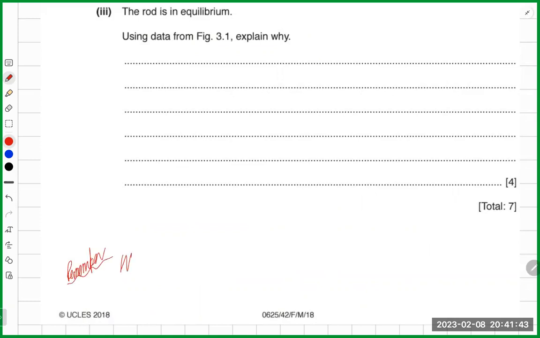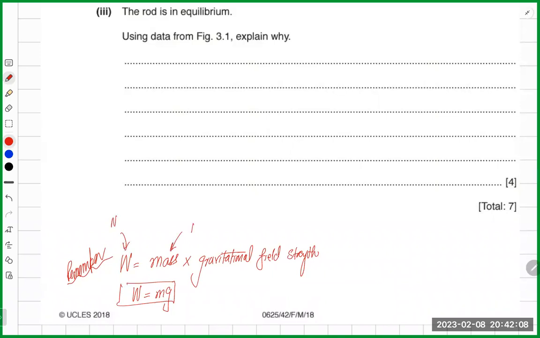Weight equals mass multiplied by gravitational field strength. W equals mg. One thing that you have to be careful about: weight will be in newtons, mass will be in kgs, and gravitational field strength is in newtons per kg.